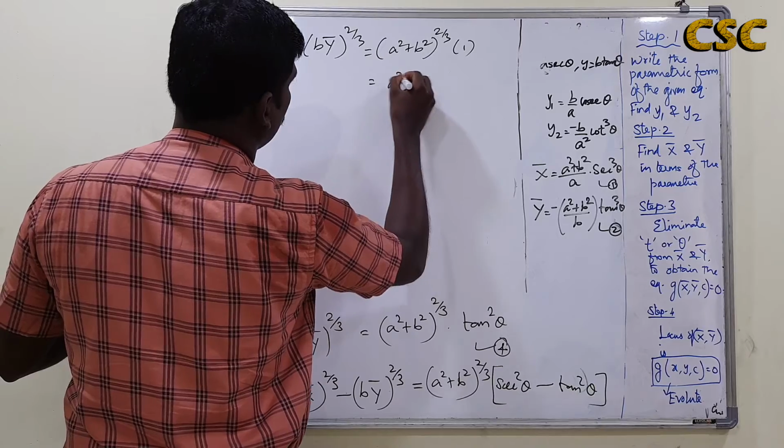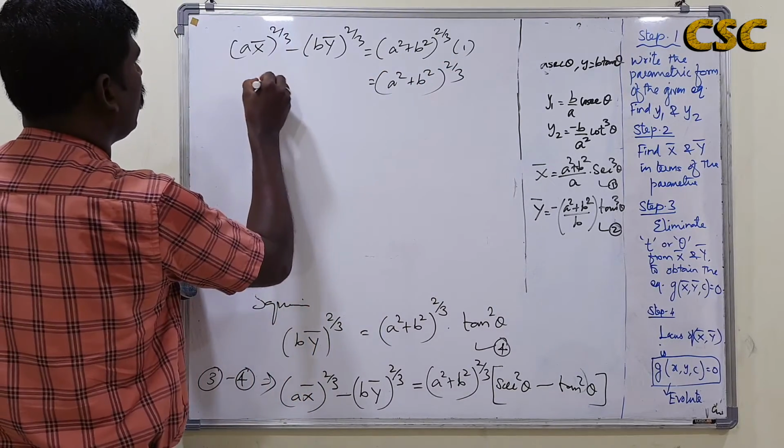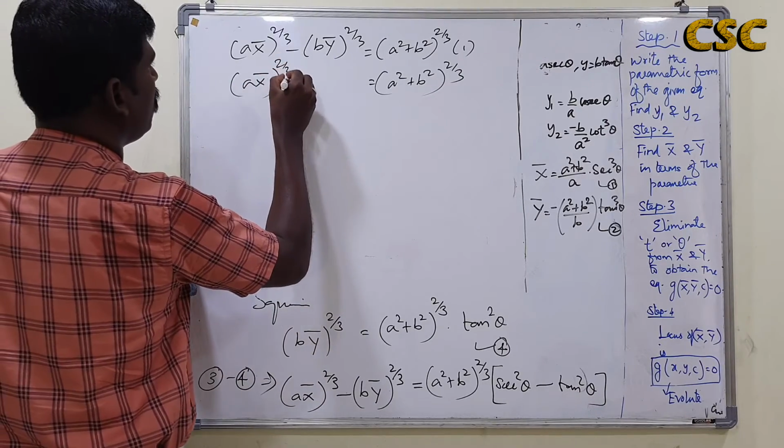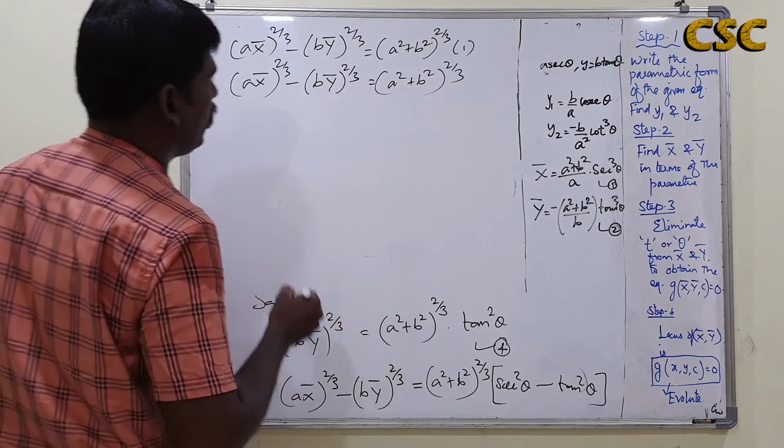That is equal to (a square plus b square) to the power 2/3.